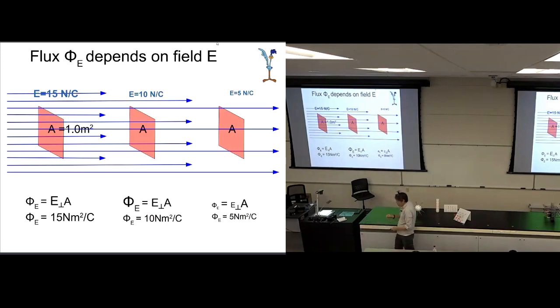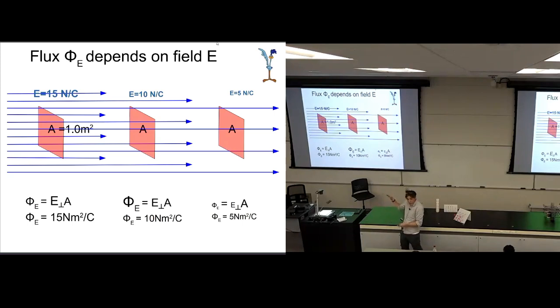is that the flux depends on the strength of the electrical field. On this slide, I've got an electrical field that varies in strength from the left to the right. There are tightly packed field lines on the left, so there's a strong electrical field. On the right, loosely packed field lines, so there's a weak electrical field. In the center right, some intermediate packing of field lines, so that's some intermediate electrical field.